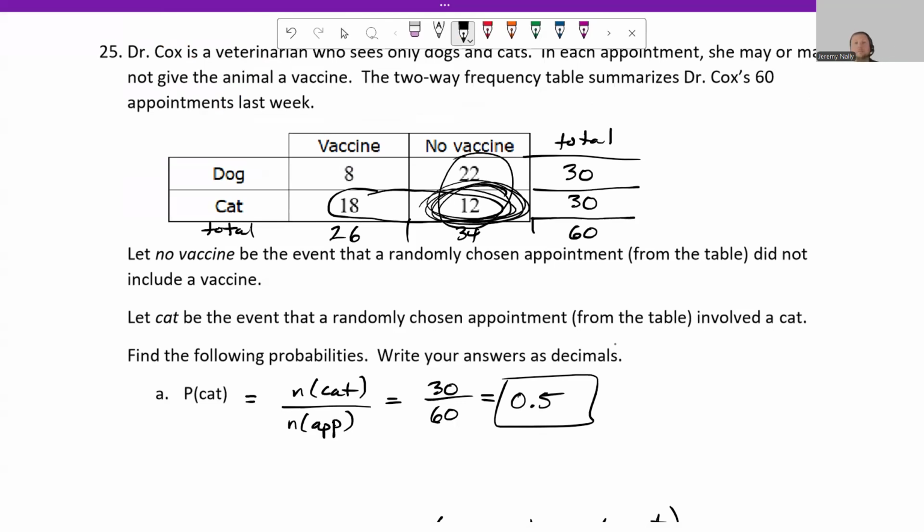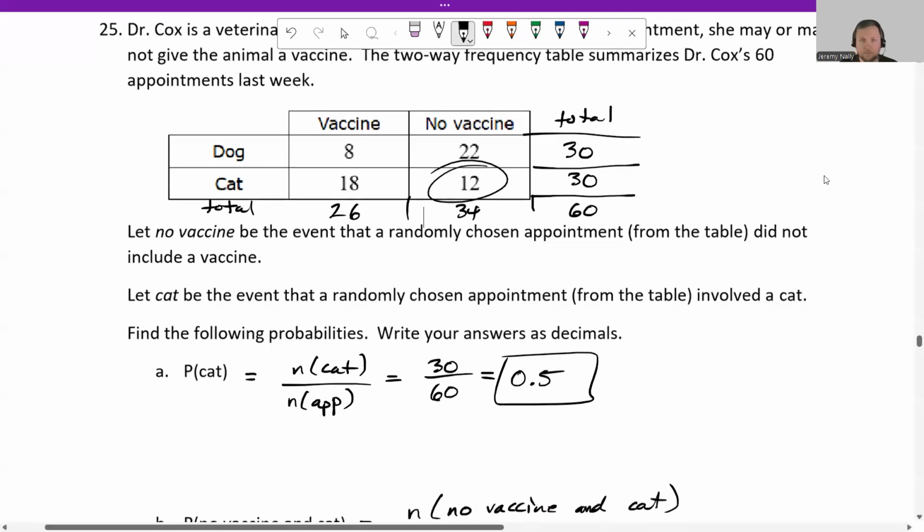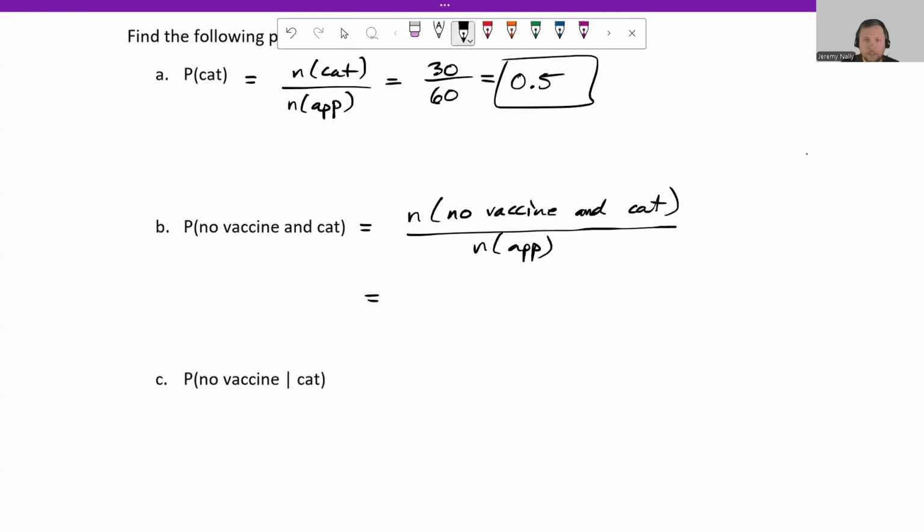So both of them have to be true. So it's a cat appointment and no vaccine appointment. There's only 12 appointments that fit that at the same time. Now, if it had said or, that's when we would be adding these three things up. So just this 12. So no vaccine and cat is going to be 12 over 60.